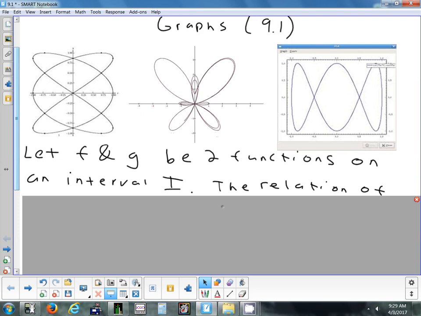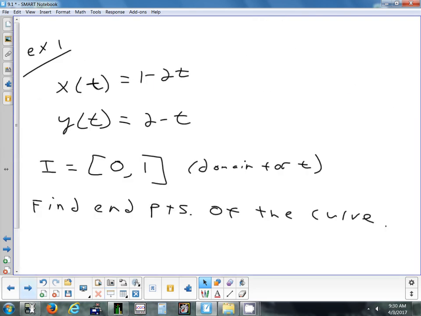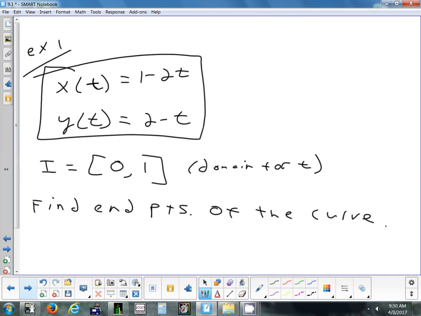The reason, and I'll come right back to this, is that when you write something parametrically, you have one equation that describes the x values of the coordinate, and another equation that describes the y value of the coordinate.